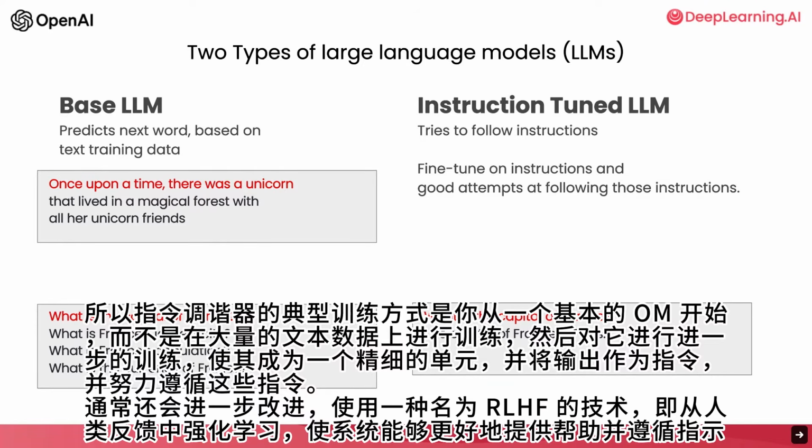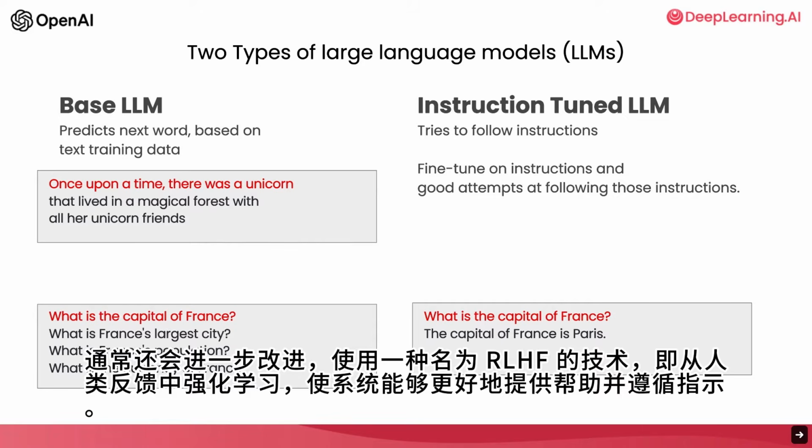The way that instruction-tuned LLMs are typically trained is you start off with a base LLM that's been trained on a huge amount of text data and further fine-tune it with inputs and outputs that are instructions and good attempts to follow those instructions, and then often further refine using a technique called RLHF, reinforcement learning from human feedback, to make the system better able to be helpful and follow instructions.